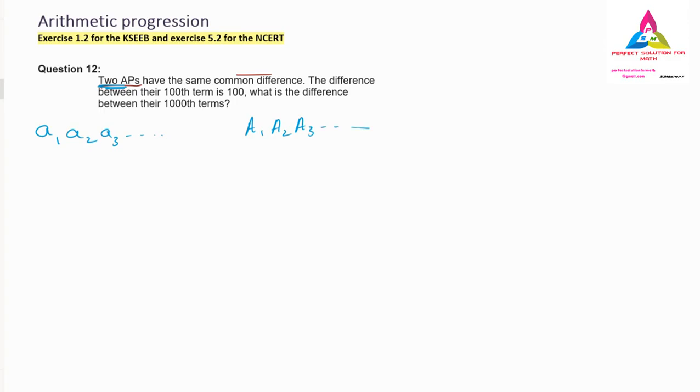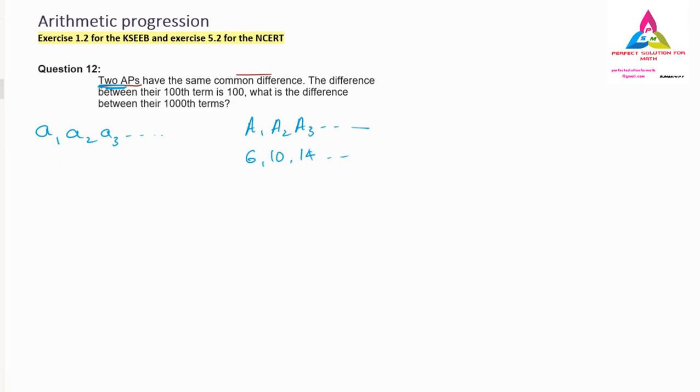For example, if you take 2, 4, 6 and so on, the other AP may not start from 2. For example, it may be 6, 10, 14, and so on. So there are two APs that we have to understand first.